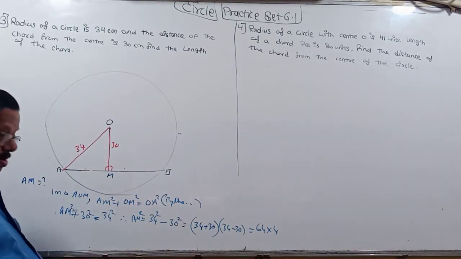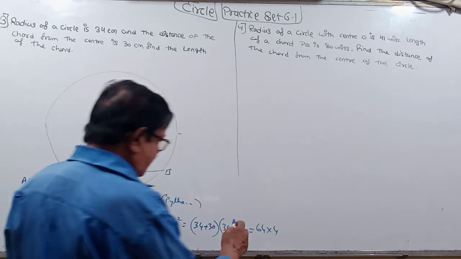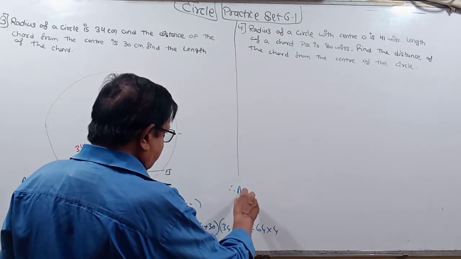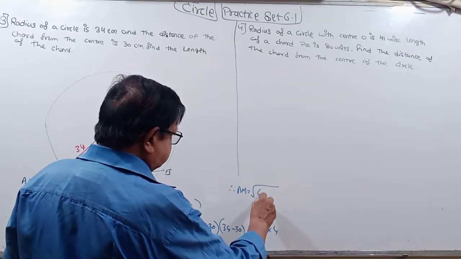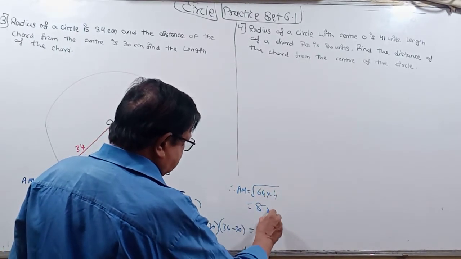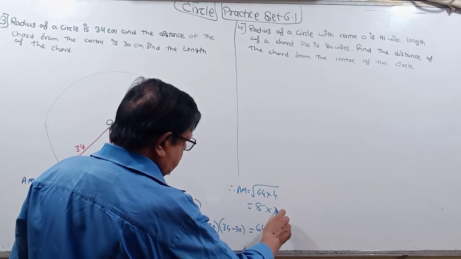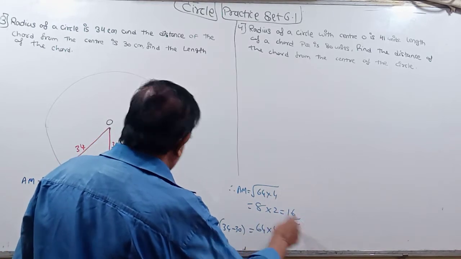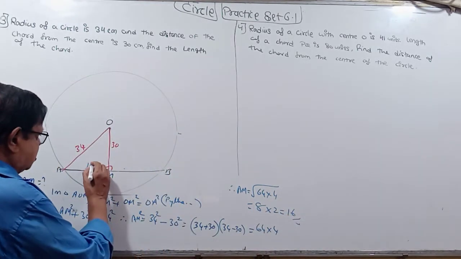Therefore, AM equals square root of 64 into 4. The square root of 64 is 8 and the square root of 4 is 2. Therefore, 16. We got AM as 16.